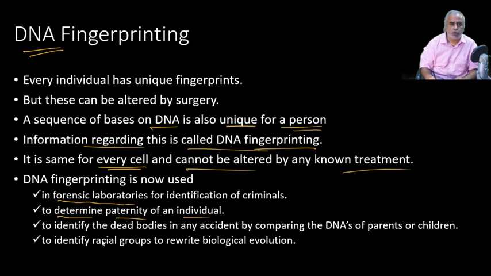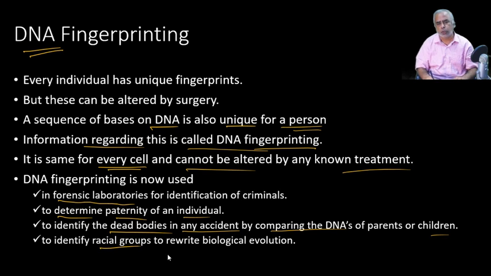Then to identify dead bodies at any incident by comparing the DNA of parents and children. And then it is also used to identify racial groups and to reconstruct biological evolution. So these are all the features of DNA fingerprinting.